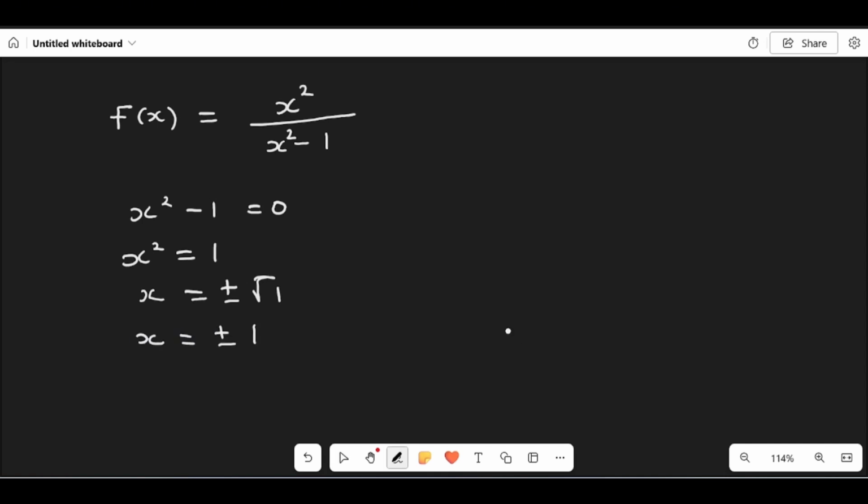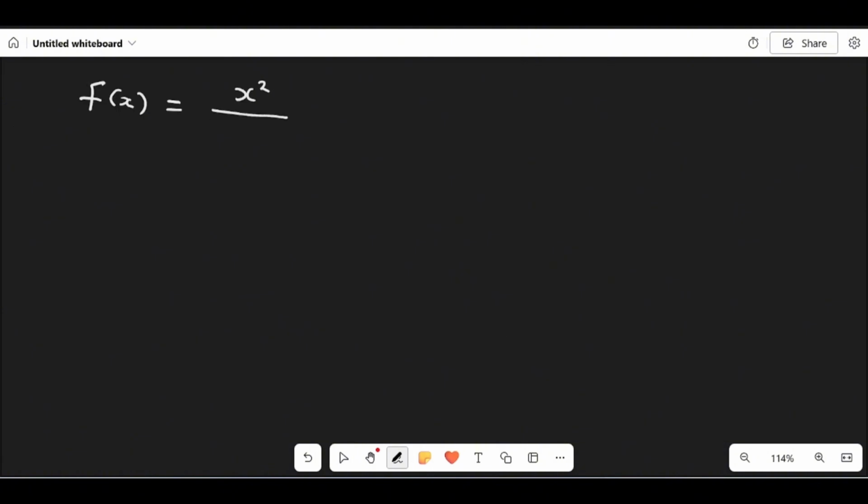So our domain is all real numbers except 1 and minus 1: negative infinity comma minus 1, union, minus 1 comma 1, union, 1 comma positive infinity. That is our domain.